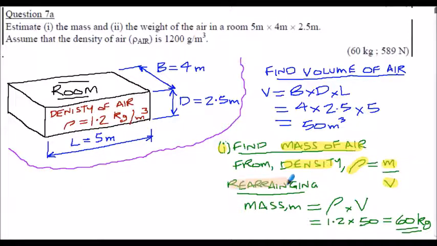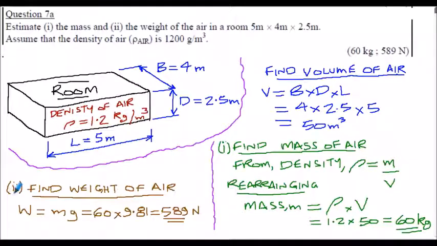Rearranging or transposing the equation, the mass is equal to the density multiplied by the volume. Density is given here, 1.2 kilograms per meter cubed, multiplied by the volume calculated above, 50 meters cubed. So the mass of the air in the room is 60 kilograms.